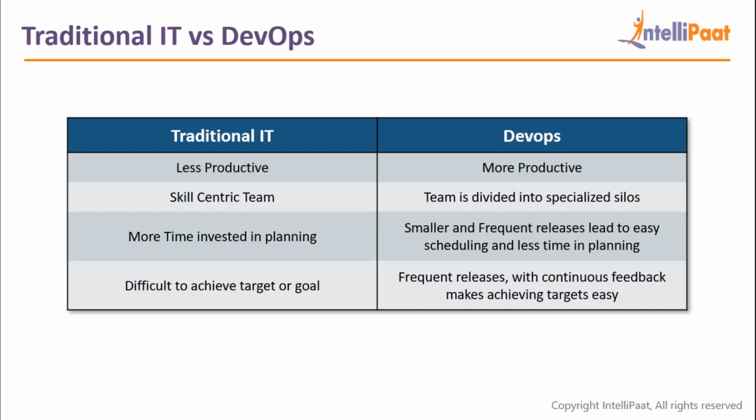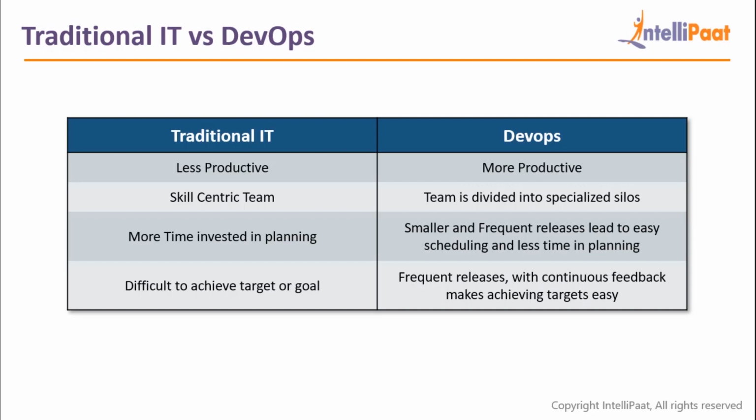So rather than having four people who are skill-centric in one particular technology, each person is skill-centric in a technology. Probably one person would know Kubernetes, another would know DevOps better, another would know Git better, and another some other technology better. So we had silos like this. In traditional IT, we used to invest more time in planning.